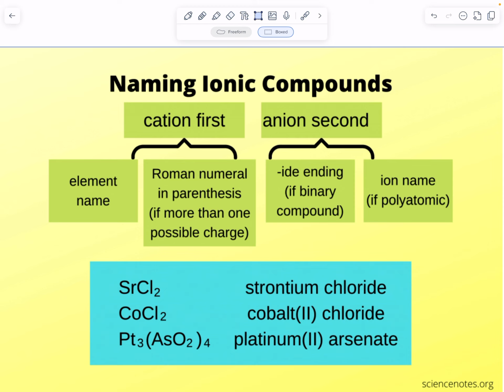I am doing it this once because as I was grading your worksheets, your formula naming and formula writing worksheets, I noticed that there was a very large amount of people writing their compounds and their formulas incorrectly. So wrong size subscripts, wrong size symbols, and I just want to make sure that's cleared up before you take your quiz, because it doesn't matter how correct you write the formula.